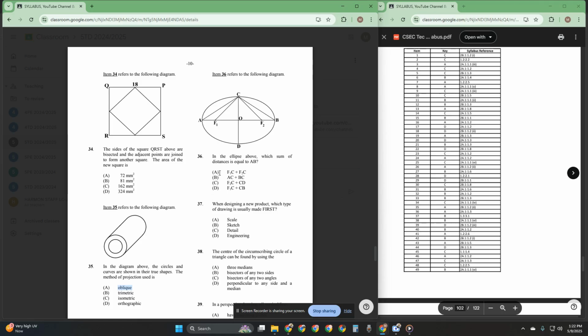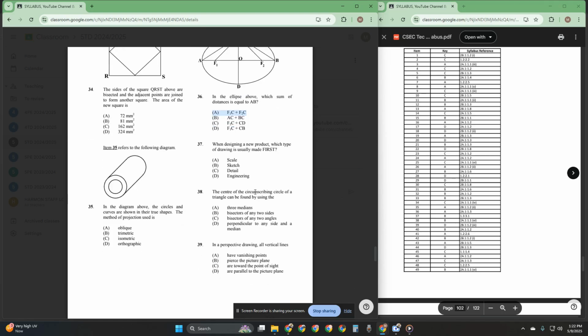I think we all know the answer, but let's just double check. Number 36, yep, A. So it's the distance from the foci to C. If you add them up, you'll get the diameter or the large axis of the ellipse.